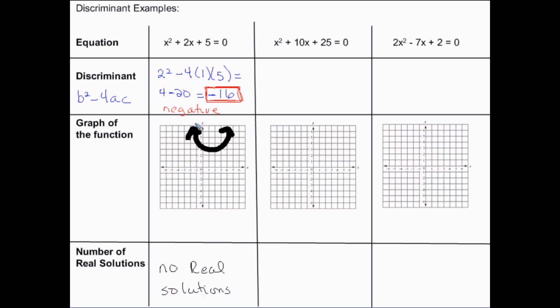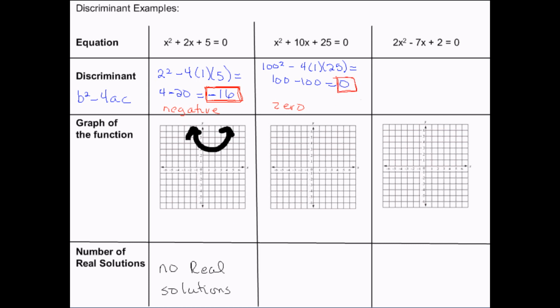Okay, negative. If I try this particular equation, my discriminant is going to be b squared minus 4 times a times c. So I have 100 minus 100, which is equal to 0. Let me make that red so it stands out. Okay.